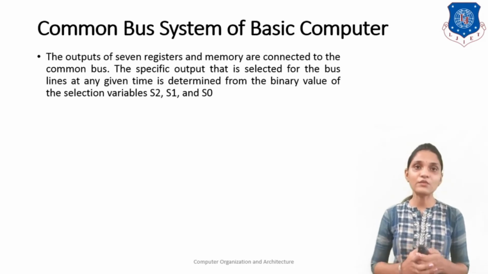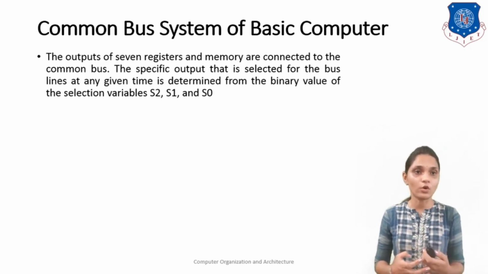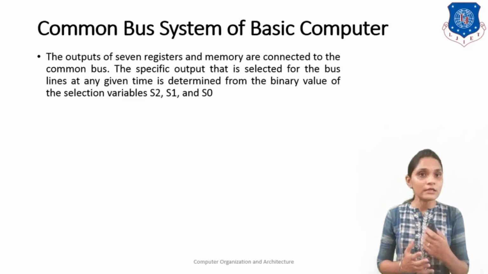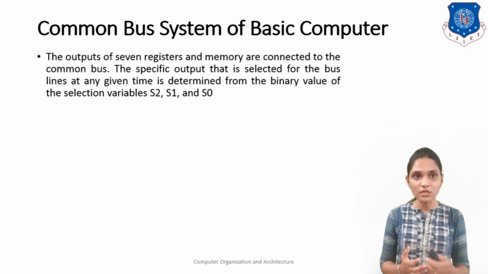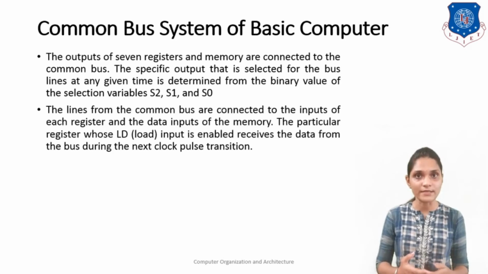These 3 variables will decide which register's content, or whether the memory's content, is going to be provided on the bus, because we know that at a time only one content can travel through the bus. So we have to determine which register's data or memory's data is on the bus.